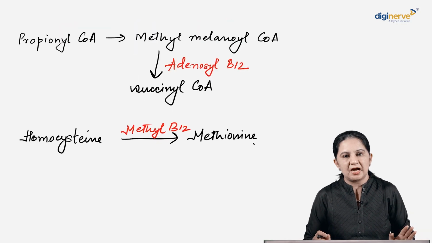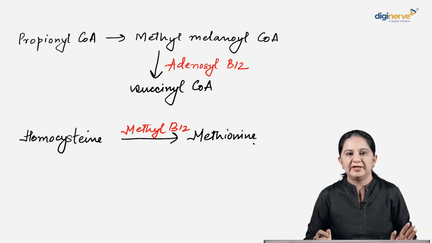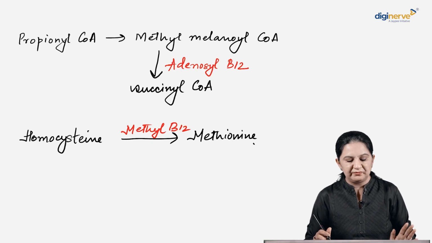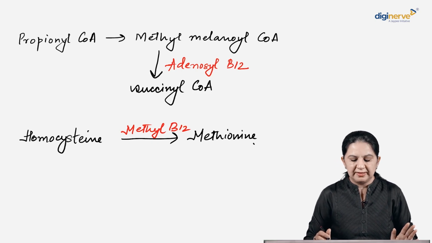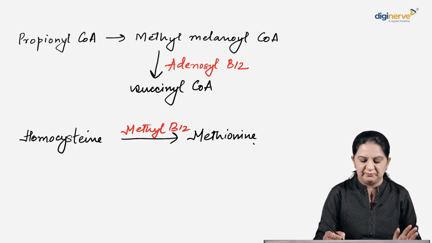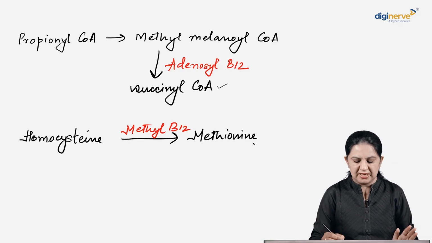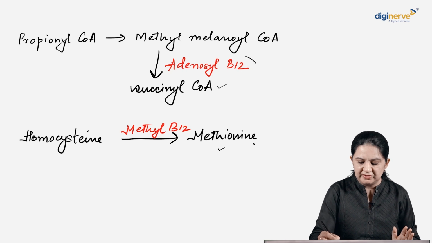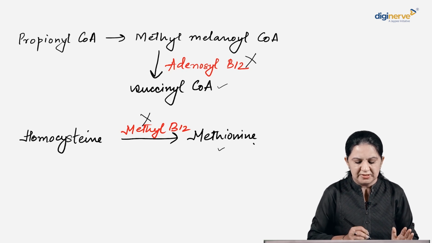Alright, so let's see how vitamin B12 and folate deficiency causes megaloblastic anemia. I hope you all remember from your biochemistry classes that vitamin B12 is necessary for the production of succinyl-CoA and for the production of methionine. Now, if vitamin B12 is not there, what will happen?